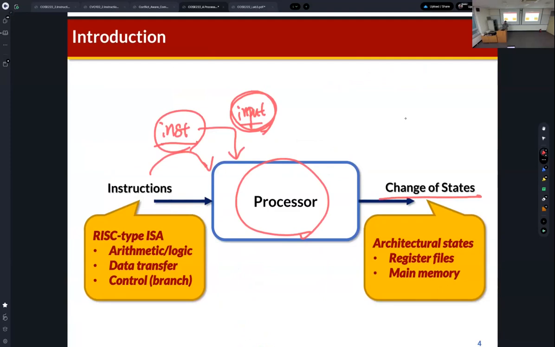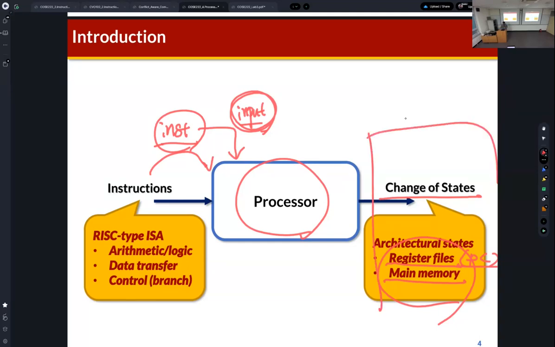If the instructions are executed, then what are changed? Register files or main memory. The PC is also included, because the branch instruction also modifies the PC register, the program counter. So the data in register files and main memory are changed by instructions.